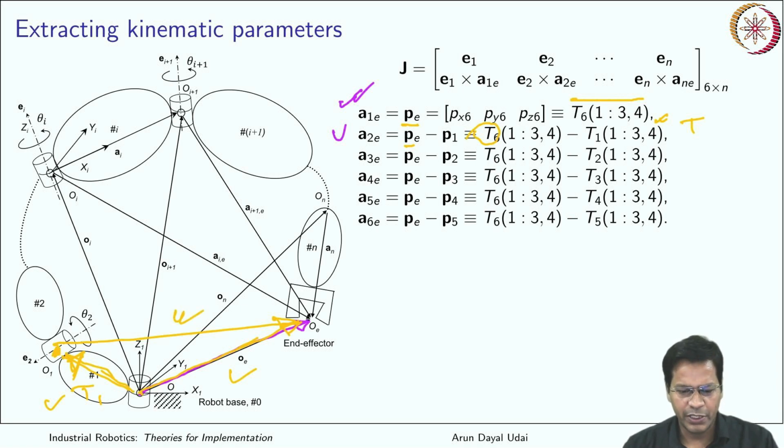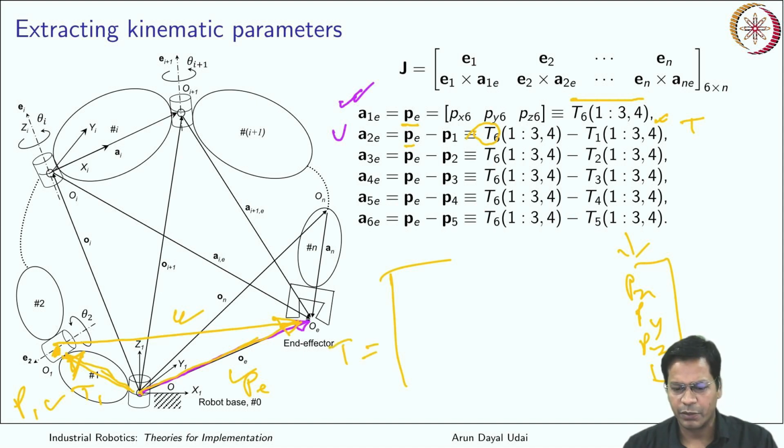So that is PE minus P1. So this is your P1. Got it? If it is a homogeneous transformation matrix, this is Px, Py and Pz, 1. So this is the column that I am talking about. This will give you, for any transformation matrix, the position vector of the corresponding frames which are placed at the end of the link. So this is it.